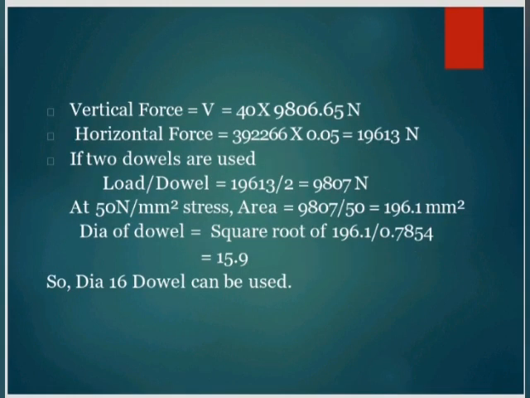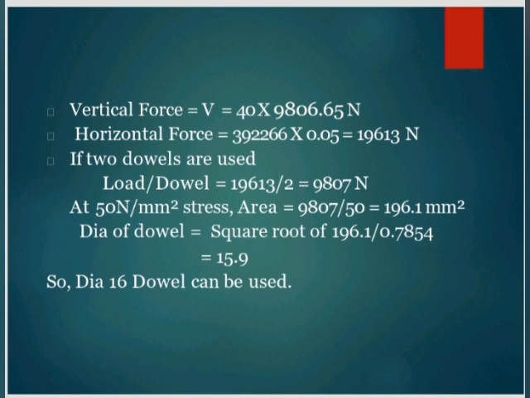Vertical force V is equal to 40 into 9806.65 Newton and horizontal force is equal to 5% of 39266 because die clearance is 5%.